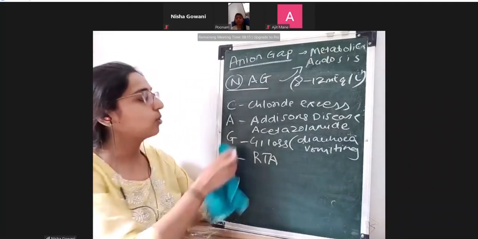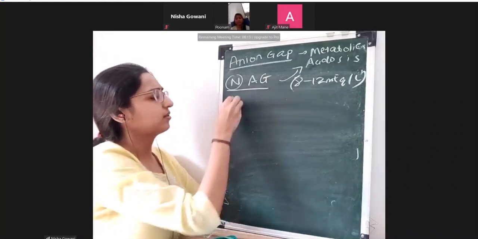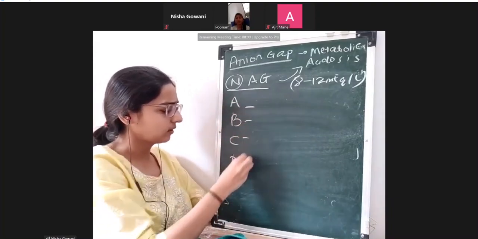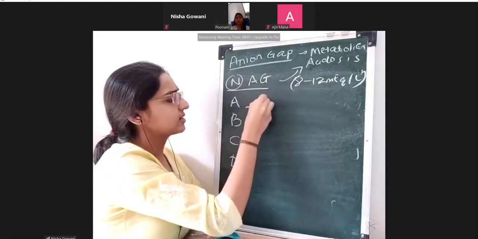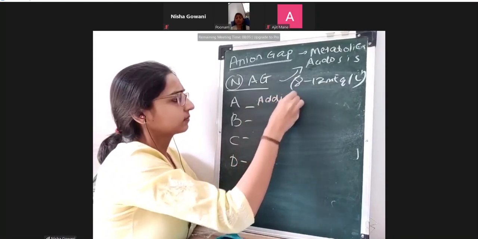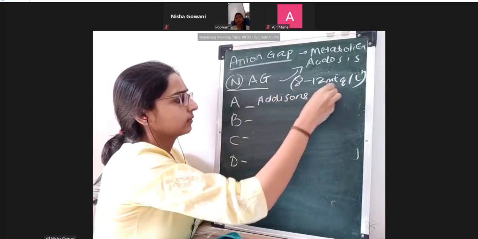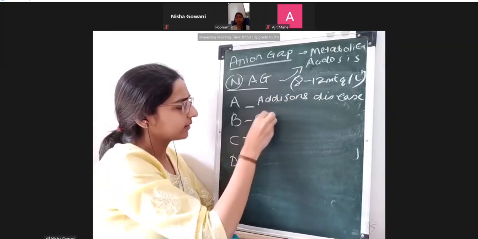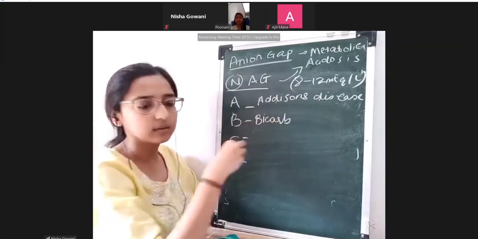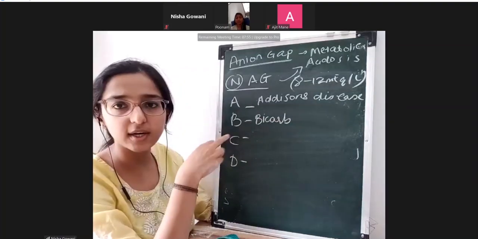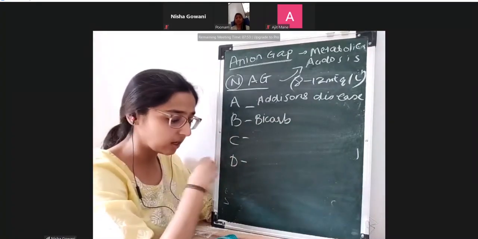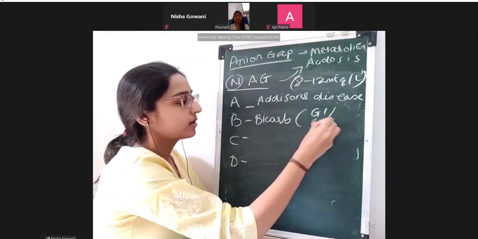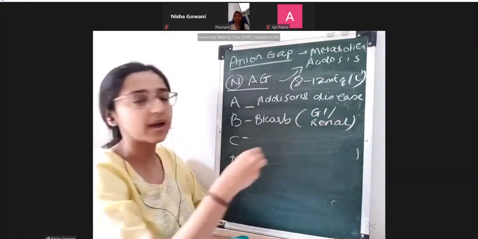There is one more mnemonic which is ABCD. Okay. So A is again Addison's disease. B is going to be bicarb related. Means there is going to be some bicarb loss, which I told you, either in the GI related process or the kidney.